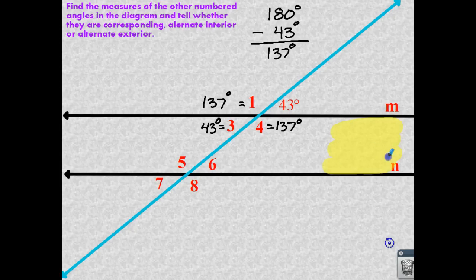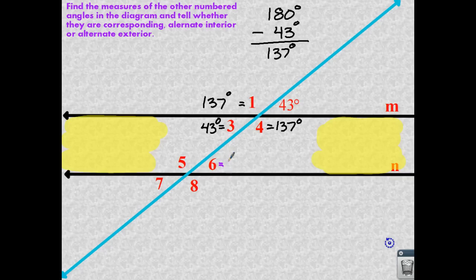If you recall, we're dealing with the interior of these parallel lines. So who are all the angles on the interior right now? All right. Well, if I know that angle 3 is 43 degrees, and I do the alternating, that means the opposite side of the transversal on the inside would be angle 6.